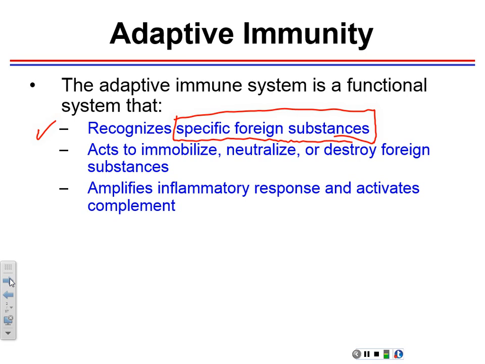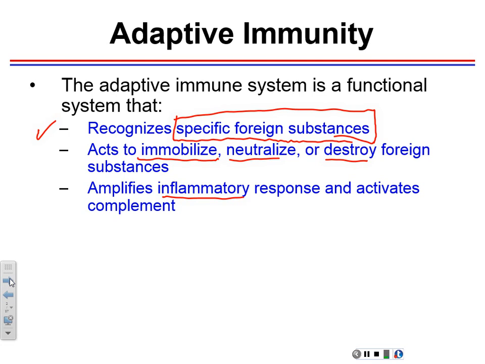What this system does is immobilize, neutralize, and destroy any foreign microorganisms. It will amplify inflammation, which is one of those innate mechanisms, and also activate complement.